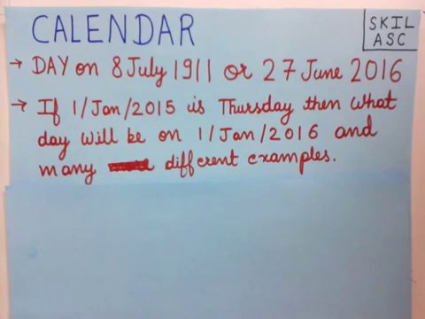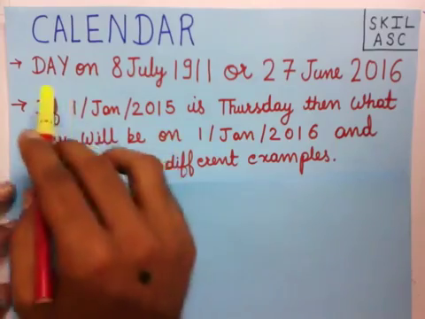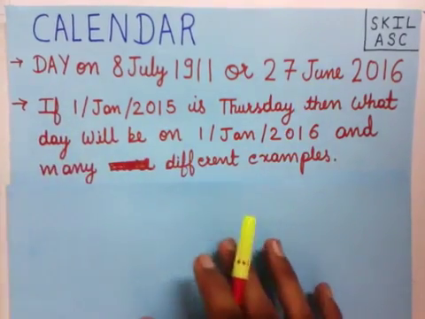So in this video we are going to learn information about calendar, which is very much useful to solve various kinds of questions related to calendar. And then we will see various kinds of examples, which will also include examples related to these questions.